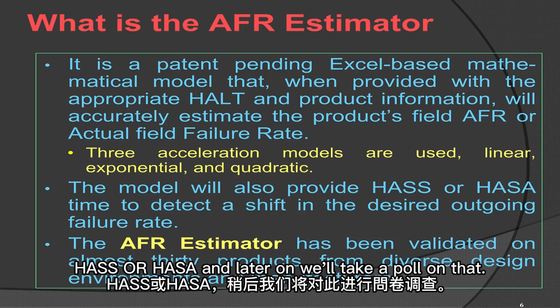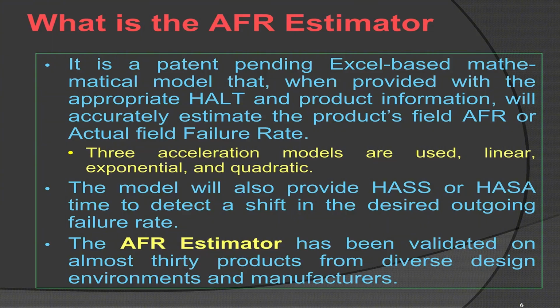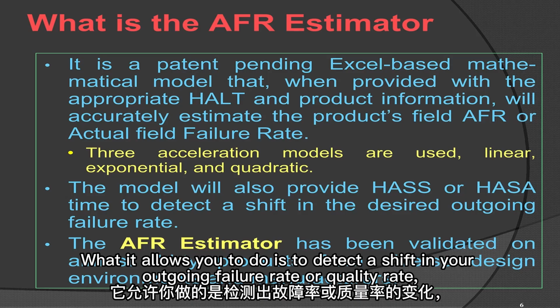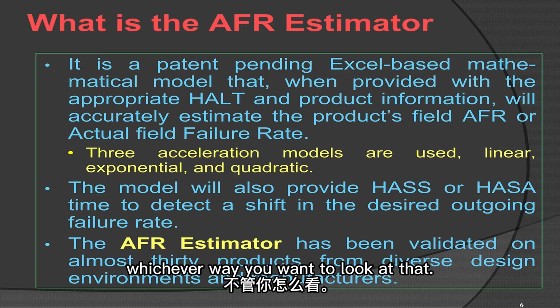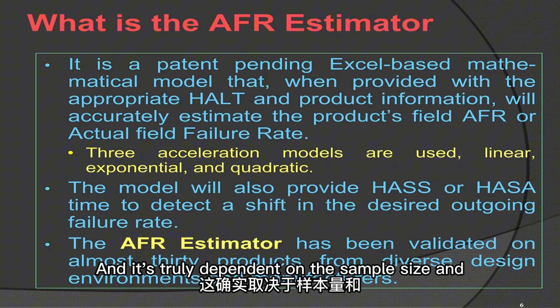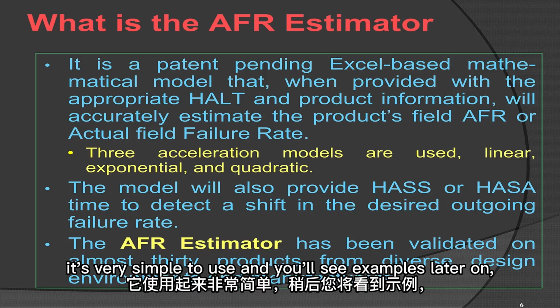Also, if you're doing HASS or HASSA, and later on we'll take a poll on that, that data can also be incorporated in here, and what it allows you to do is to detect a shift in your outgoing failure rate or quality rate, whichever way you want to look at that. It's truly dependent on the sample size, and it's very simple to use, and you'll see examples later on.